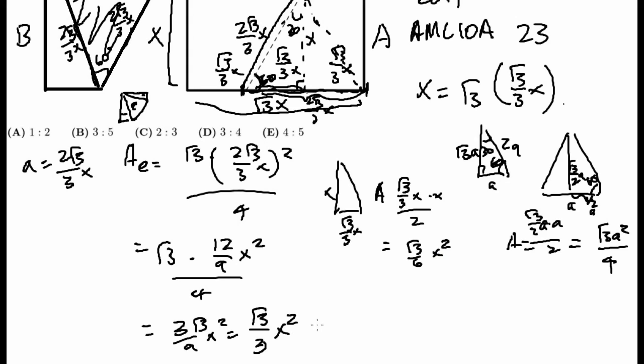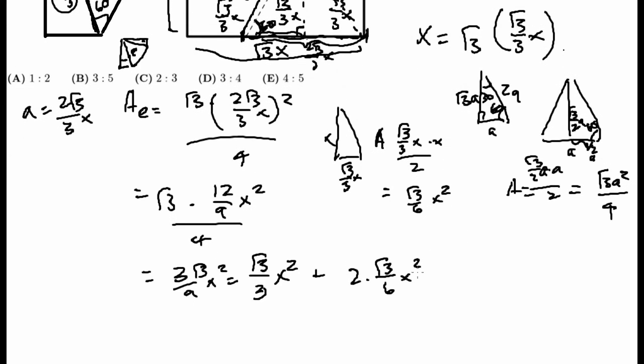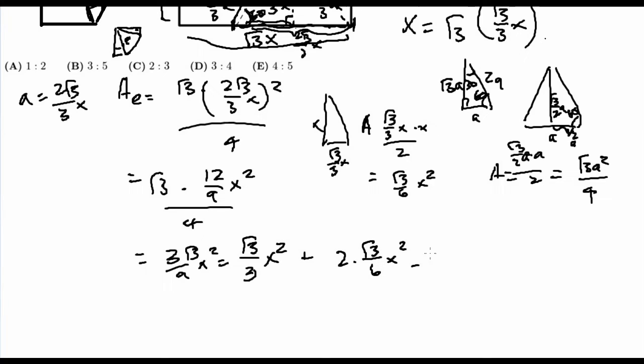Since there are two right triangles on either side of the equilateral triangle, right here, this one and this one, you have to multiply by 2. So that would just be square root 3 over 6x squared plus square root 3 over 6x squared, which would just be 2 square root 3 over 3x squared.